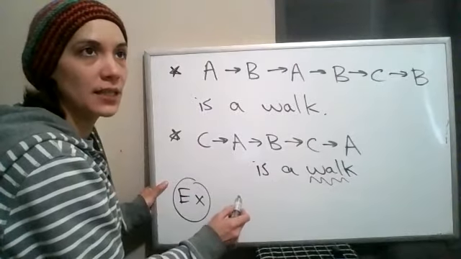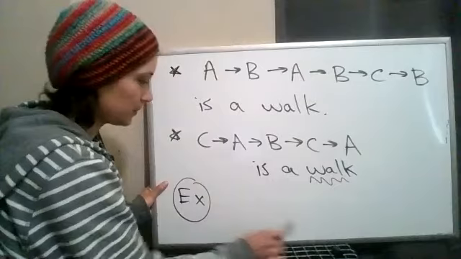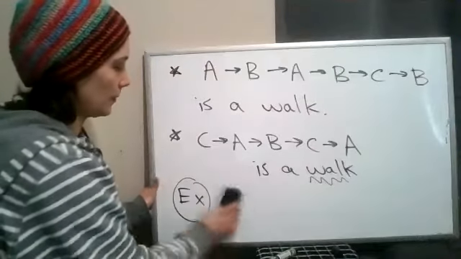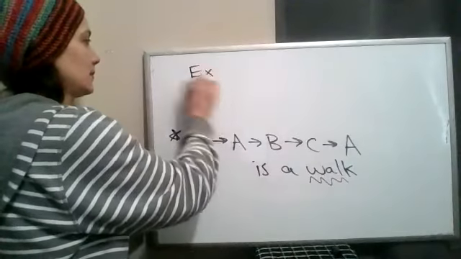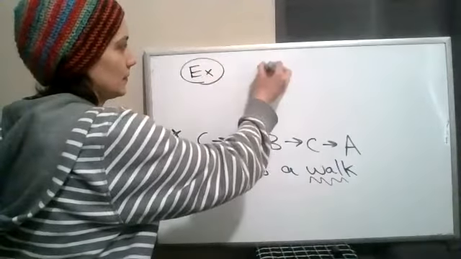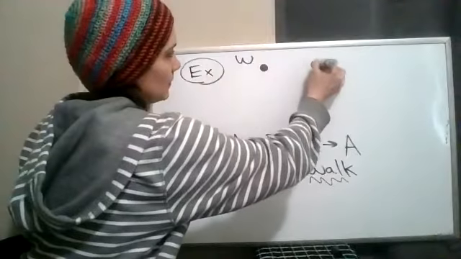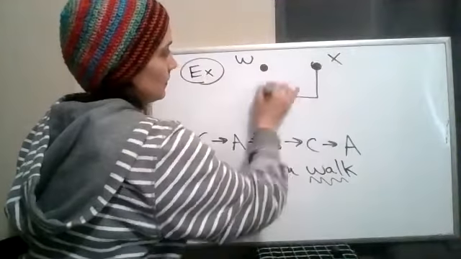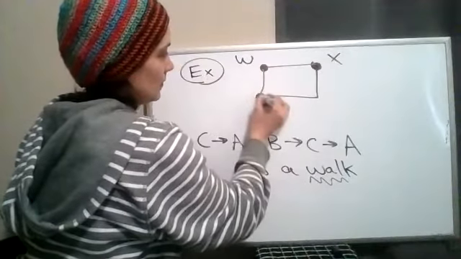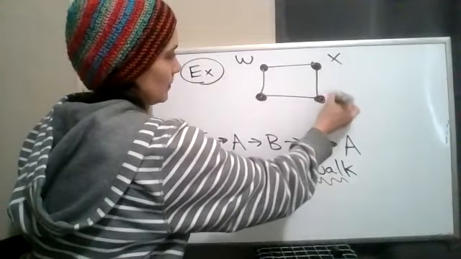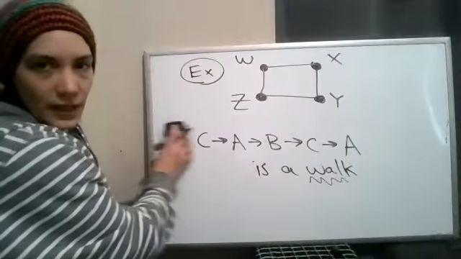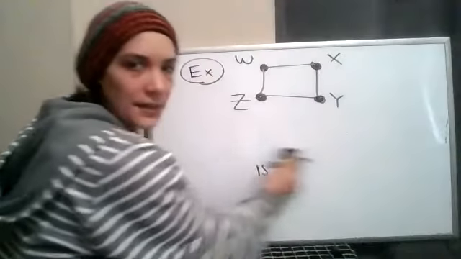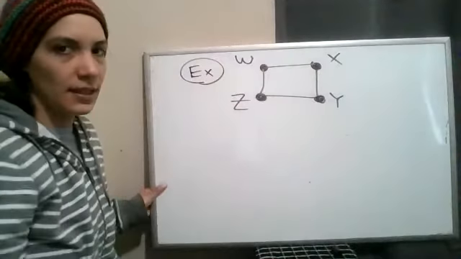Square with W, X, Y, Z. Okay, for this graph, let's start with doing a walk, and then we're going to do something that is not a walk.